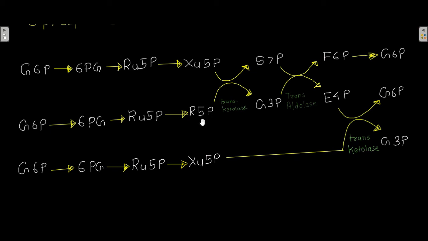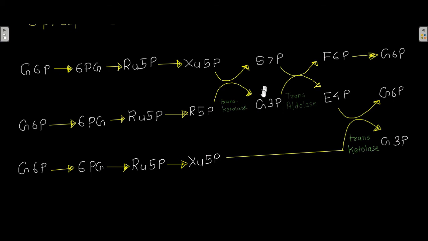We discussed this, right? Now when these two combine, that is when xylulose 5-phosphate combines with ribose 5-phosphate in the presence of transketolase, then sedoheptulose 7-phosphate and glyceraldehyde 3-phosphate, these two molecules are produced. This is a 5-carbon sugar, this is a 5-carbon sugar. They are combining to give you the 7-carbon sugar and 3-carbon sugar.